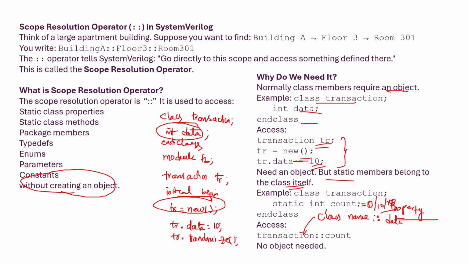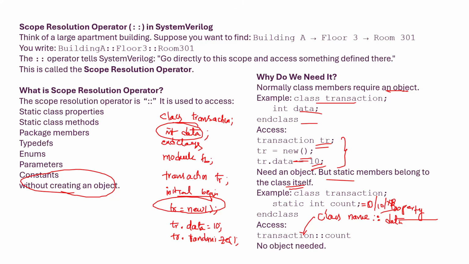In your class you are taking static int count, and for that you are initializing some value, either 0 or 10.